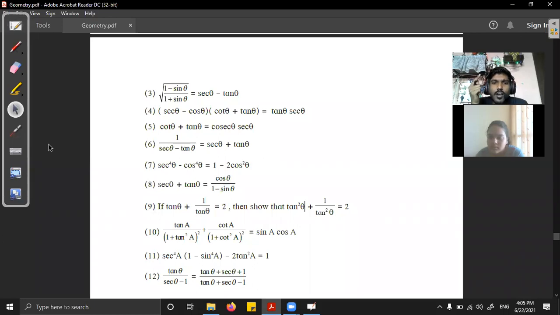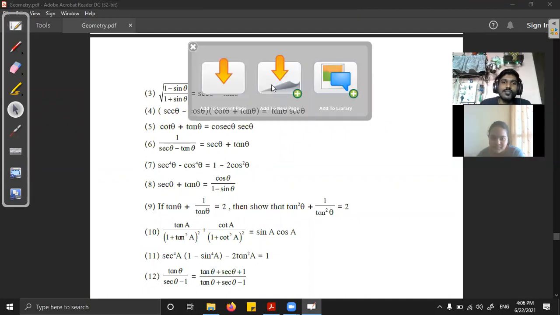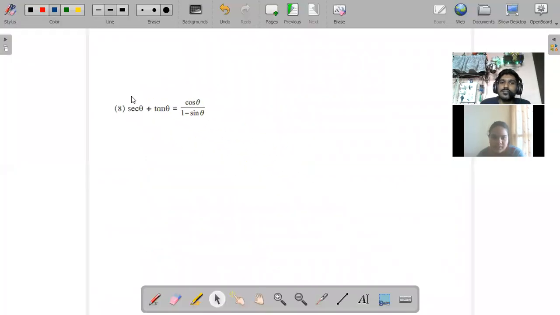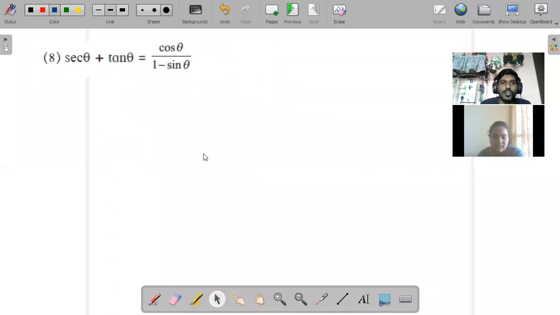So I think it would have been 1 plus sine theta upon 1 plus sine theta, both on the numerator and the denominator. Do you have a screenshot or something of that? I'll have to see. Okay, no, it's okay.